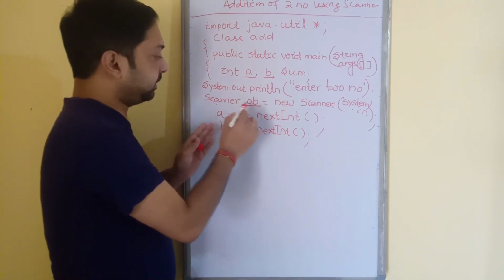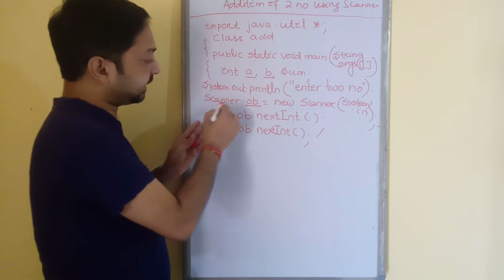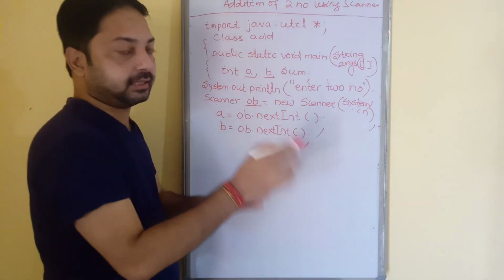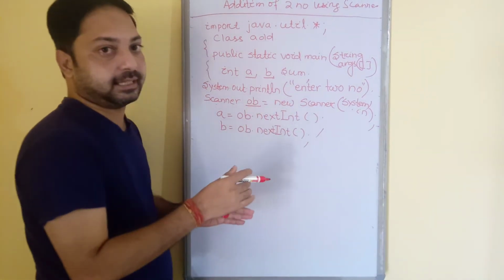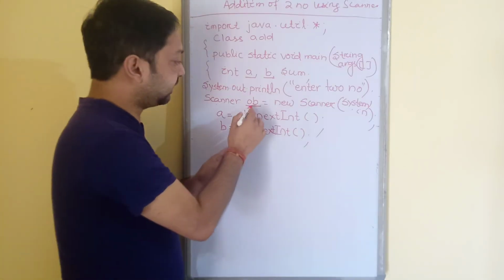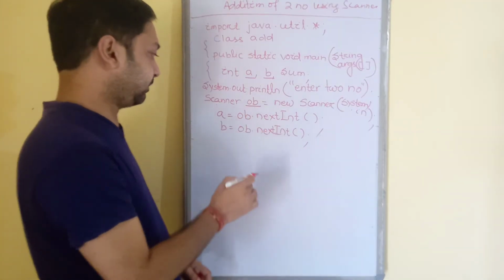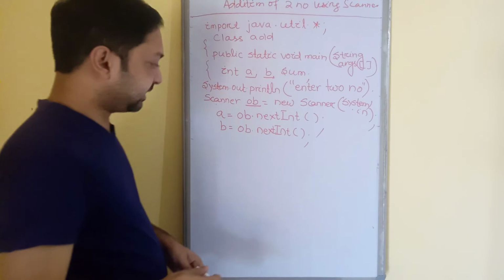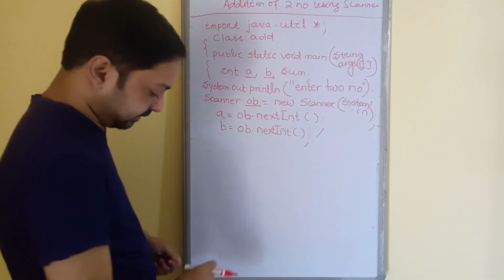The object name is ob, and this is the way you create it: Scanner ob equals new Scanner(System.in). This ob can be anything, a, b, c, anything you can give. It is simply the name of an object. So a equals ob.nextInt, similarly b equals ob.nextInt.